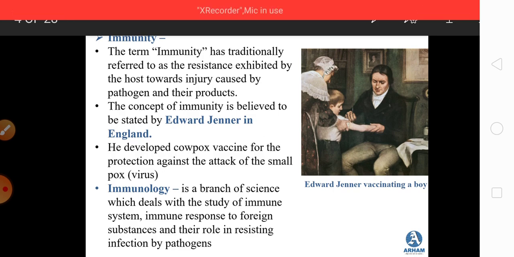So once again, what is immunology? It is a branch of science and it deals with three main things. It deals with the study of the immune system. It deals with the immune response that is given by our body to the foreign substances that are invading our body. And it also deals with their role in resisting infections by pathogens.